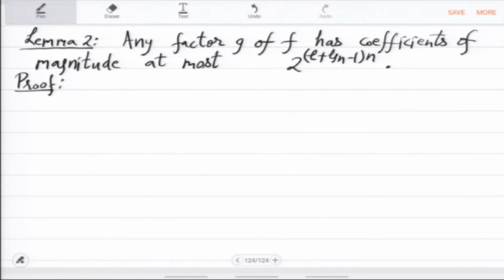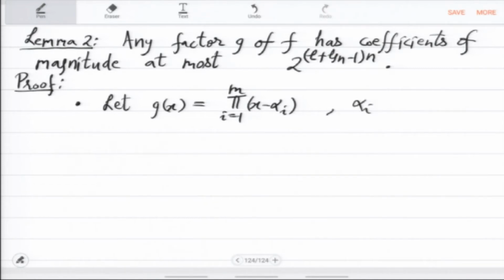Okay, so the way you will show it is by looking at the complex roots of the factors and applying lemma 1. So, factorize g(x) into roots. Let us say there are m roots, the degree is m. The alphas are complex numbers, but g(x) is an integral factor.